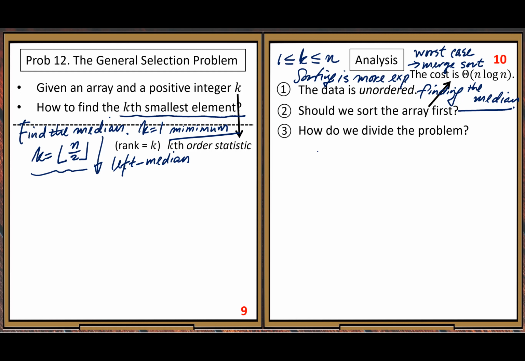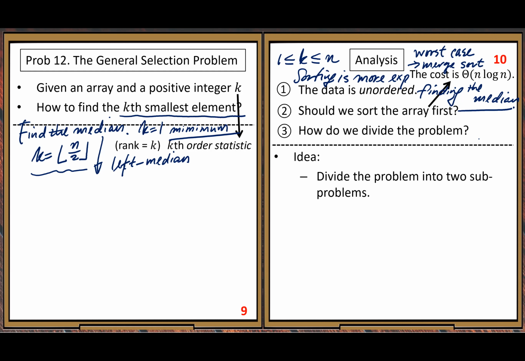Here we do divide and conquer. How do we divide the problem? Then do the recursion. The idea: divide the problem into two subproblems, then drop one of the subproblems.